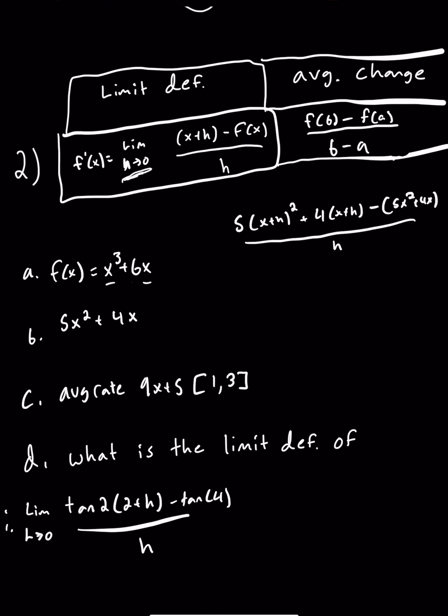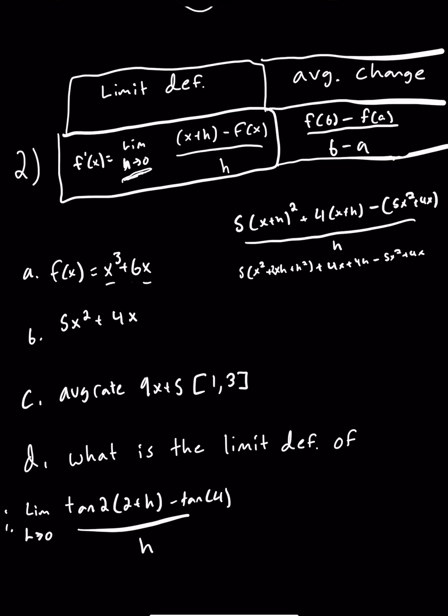Okay, so now let's solve this. That's going to end up being 5 times x squared plus 2xh plus h squared plus 4x plus 4h minus 5x squared plus 4x. We're going to just assume that's over h, so I don't have to keep track of all that.